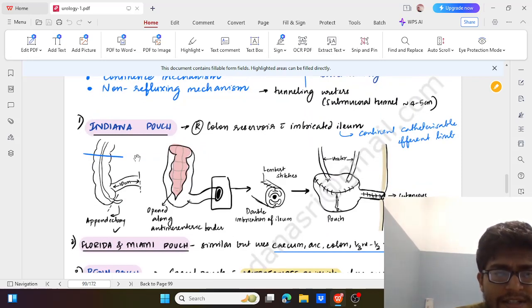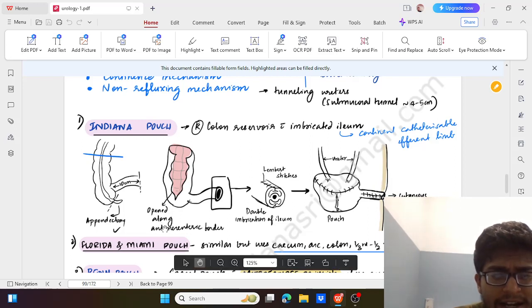First is the Indiana pouch, where we use the right colon as the reservoir with imbricated ileum as a continent catheterizable efferent limb. We take out the cecum and some part of the ascending colon along with around 10 centimeters of ileum. Appendectomy is done, and the bowel, that is the cecum and the ascending colon, is opened at the antimesenteric border.